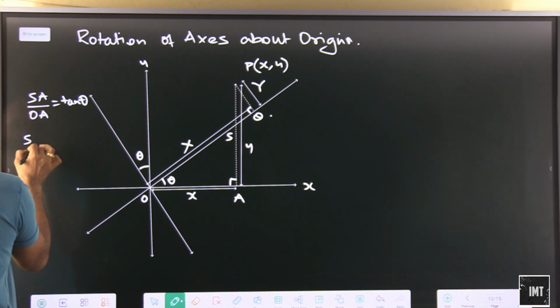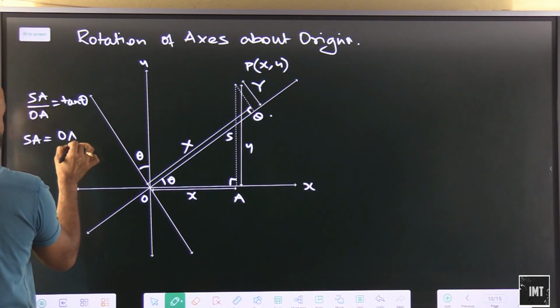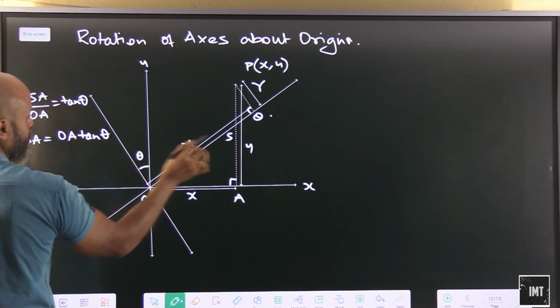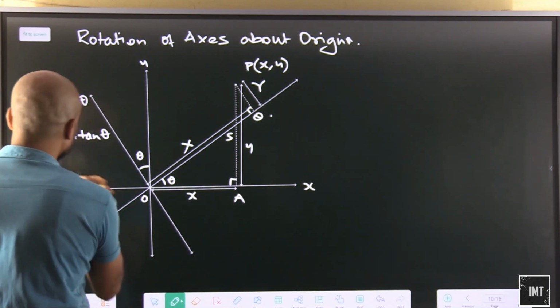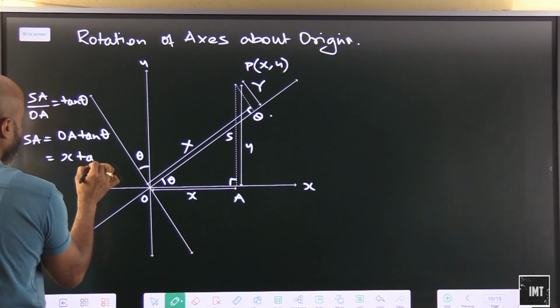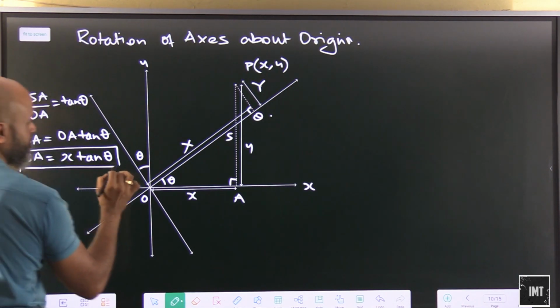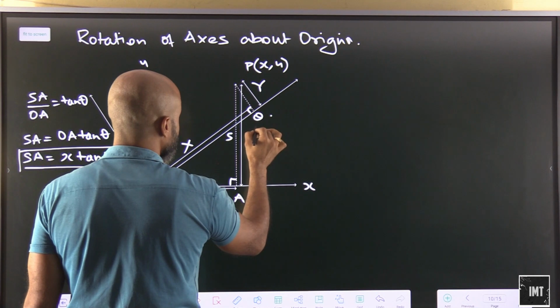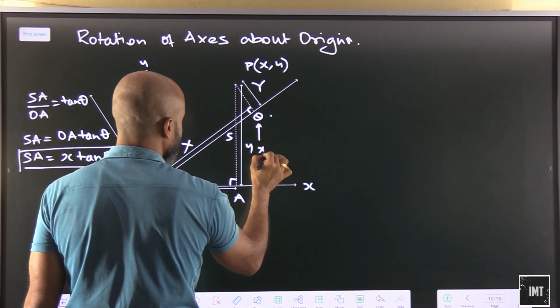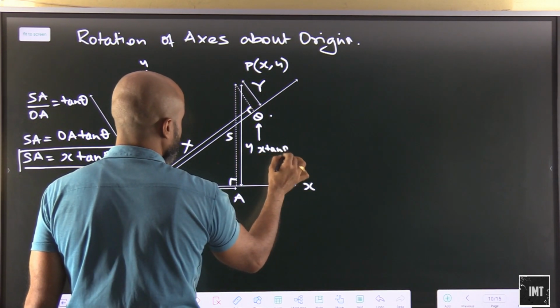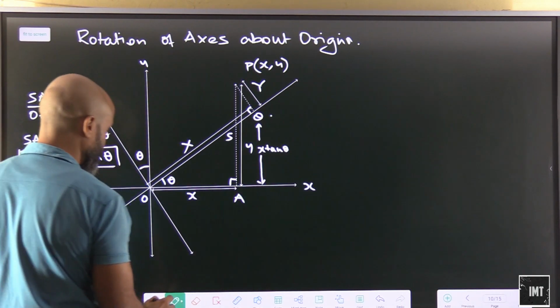SA not known to us. This will be equal to OA tan theta, that will be x tan theta. So SA will be equal to x tan theta.